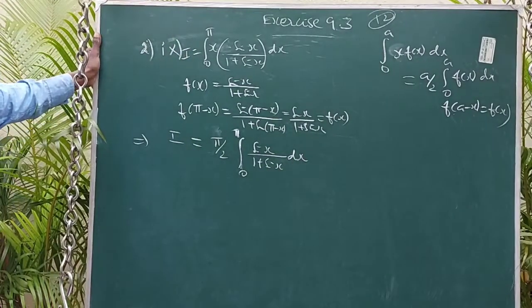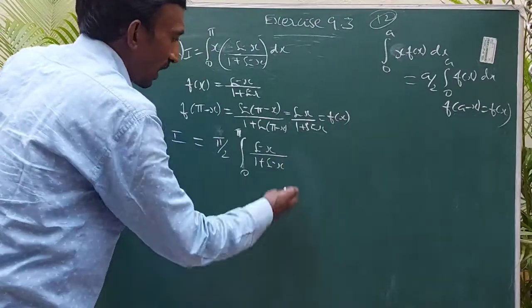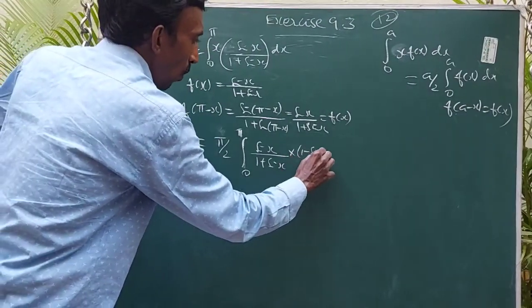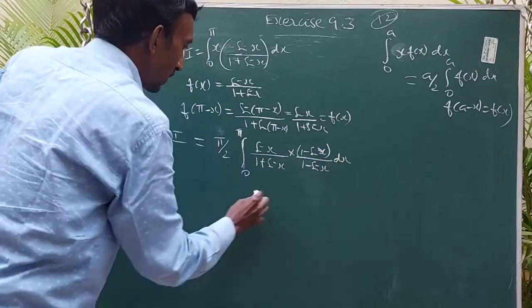Now to make it simple, multiply and divide by the conjugate of the denominator, so into 1 minus sin x by 1 minus sin x dx.